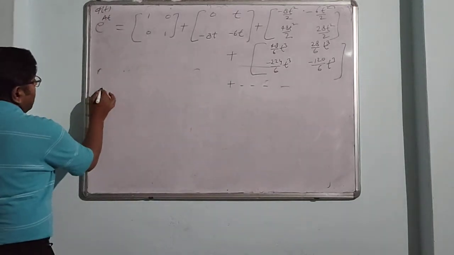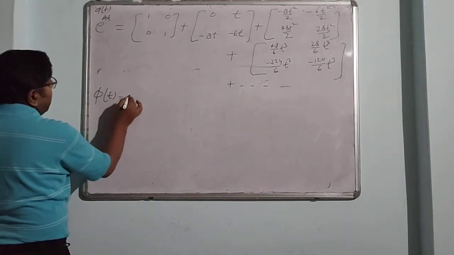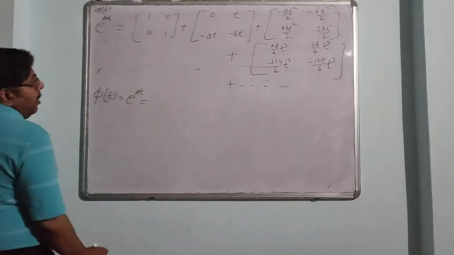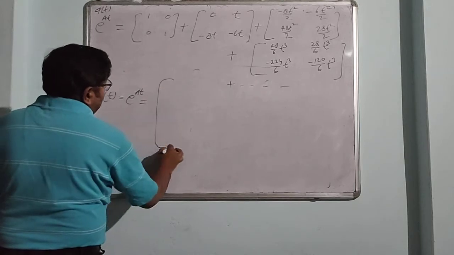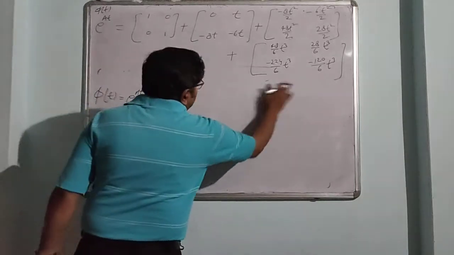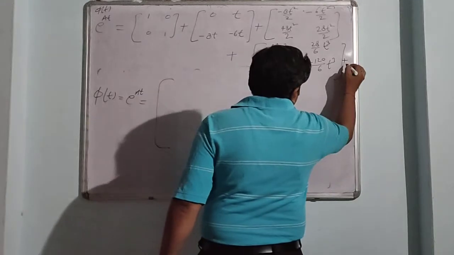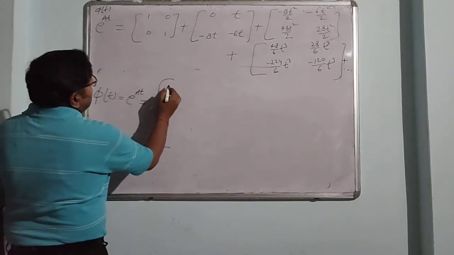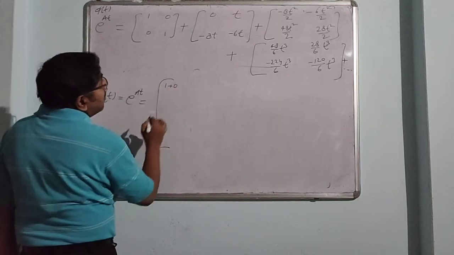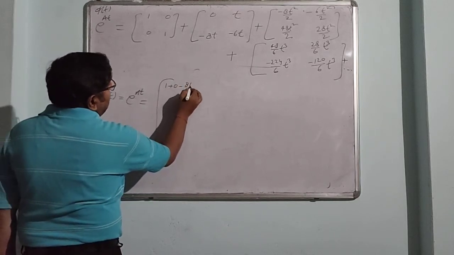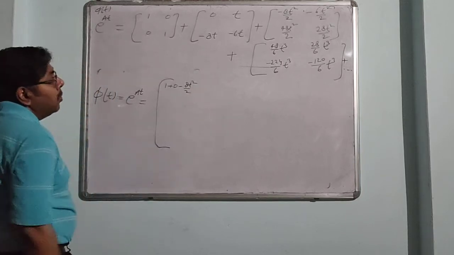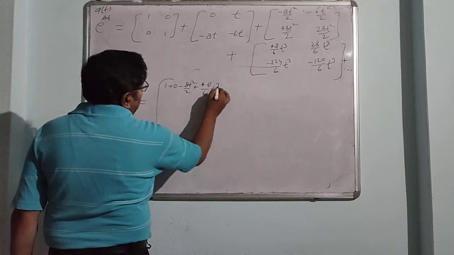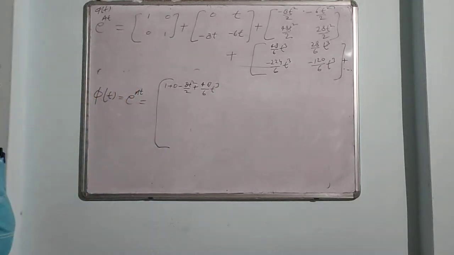So we can write the state transition matrix is given by, so find all terms here. So 1 plus 0 minus 8t square by 2 plus 48 upon 6 t cube. This is the first term.